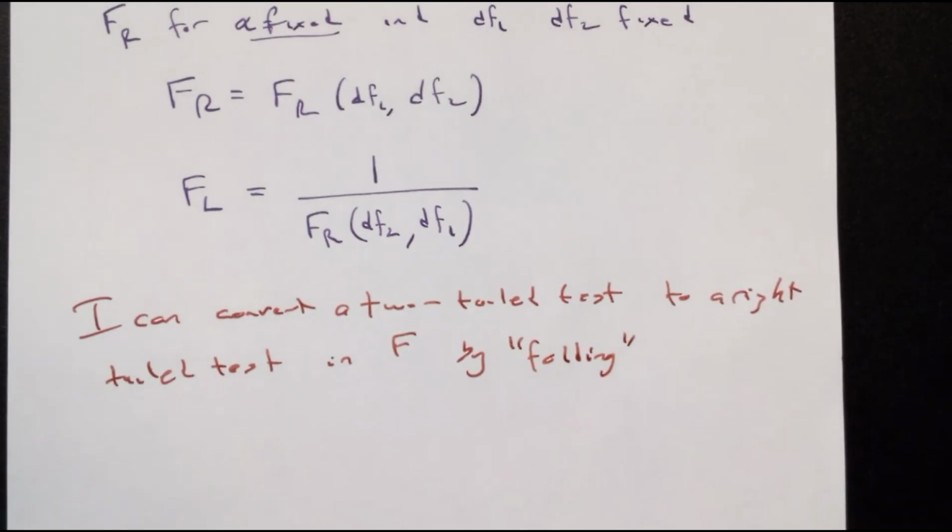There's this idea called a folded F test. And that means that I can use the table exactly as is. I don't have to mess with it.